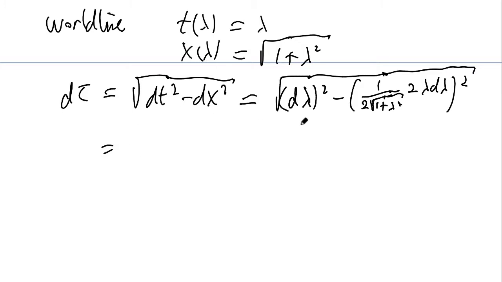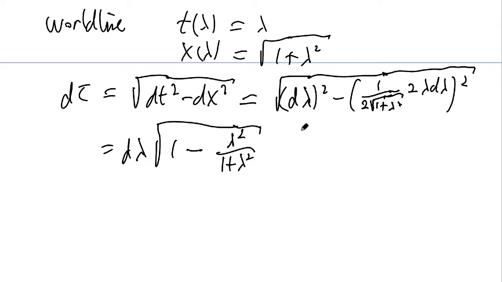All right, we have a common factor of d lambda squared in both of these terms, so we can pull that out of the square root as a d lambda. And under the square root, we're left with 1 minus lambda squared over square root of 1 plus lambda squared, so that's 1 plus lambda squared in the denominator.